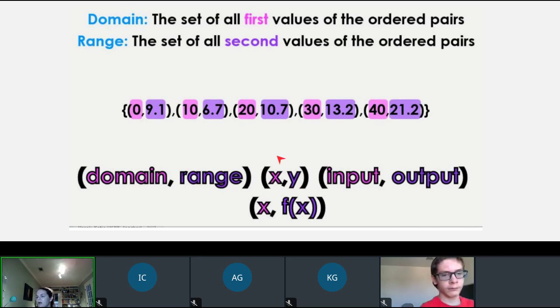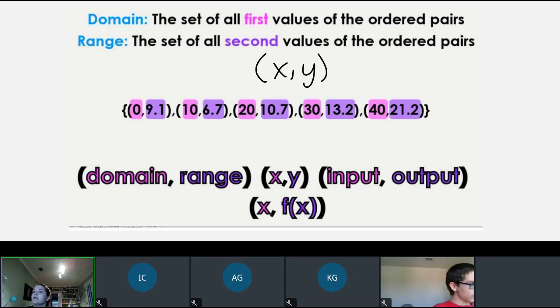We talked a little bit about this last week, but we're used to seeing our ordered pairs written out as just regular X, Y. And if you remember back to our little visual, we can write it as other things. There's other ways to represent X and Y. So we could write X and Y as domain and range, X and Y, input and output.